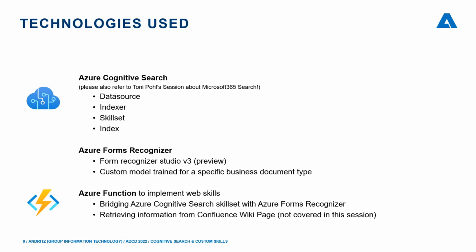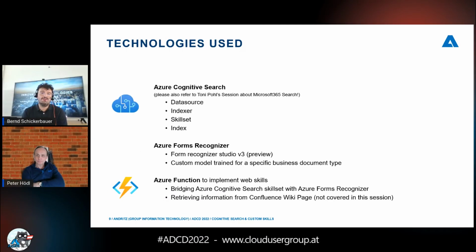We're using Azure Form Recognizer to train this model, and there, in a rather easy way by using the studio, to train the model and then just refer back to that model. And to bridge the two things, we're using an Azure function, which is basically wrapping the Azure Form Recognizer API towards the cognitive search as a custom skill.